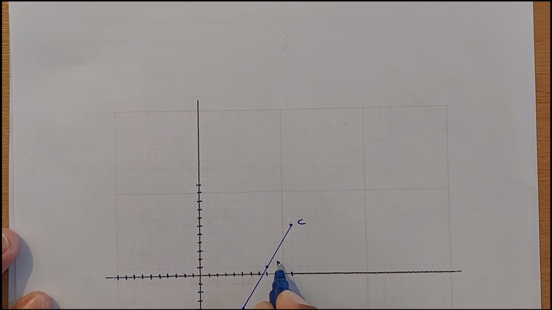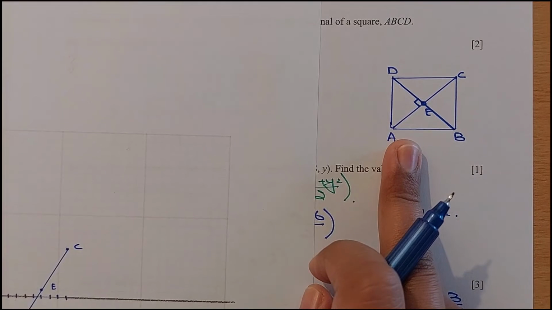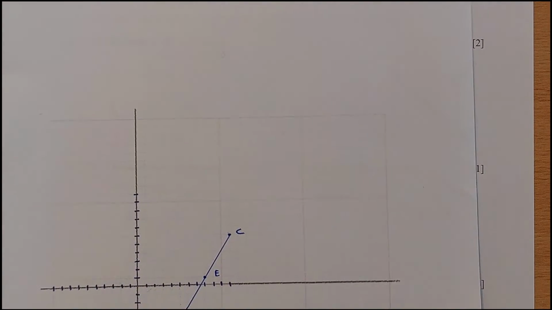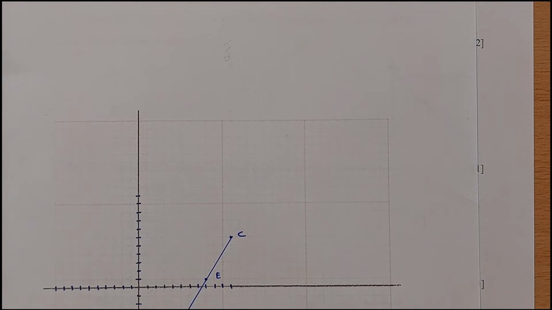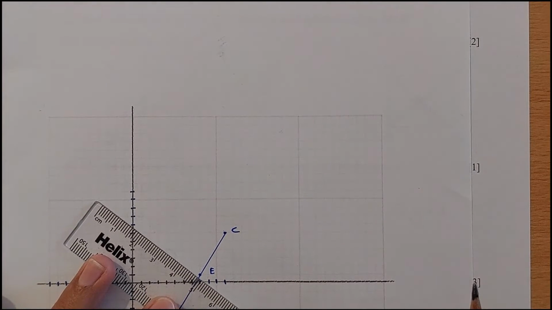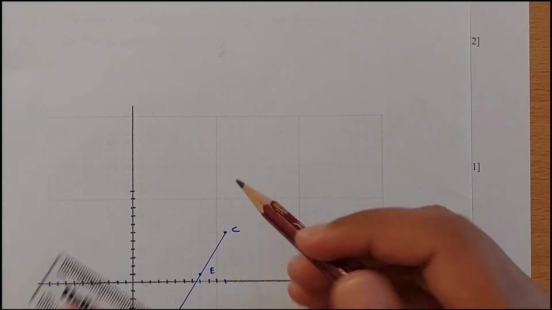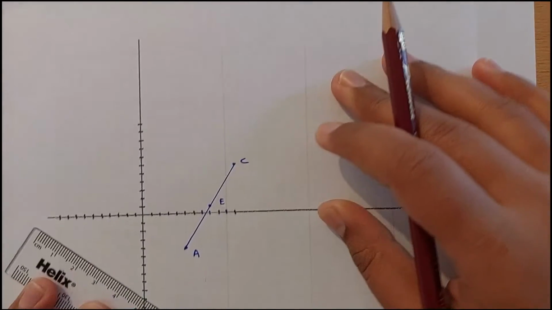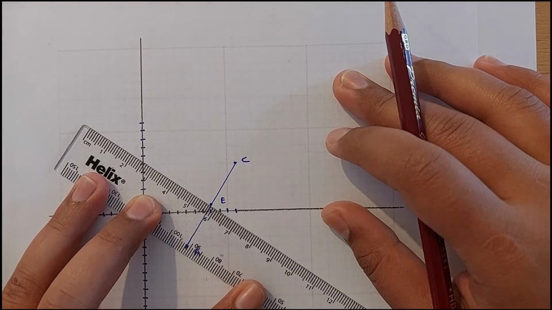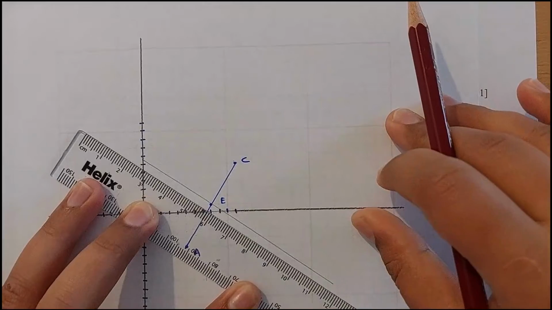This is E, right? So now as we know that the diagonals of a kite are perpendicular to each other at 90 degrees, so we need to draw the perpendicular line. Let me draw the exact line that is perpendicular to this line AC, right? So let me draw the line that is perpendicular to AC like this.